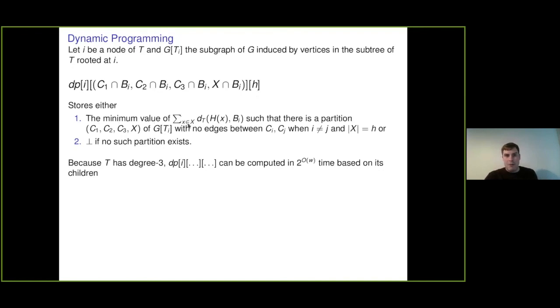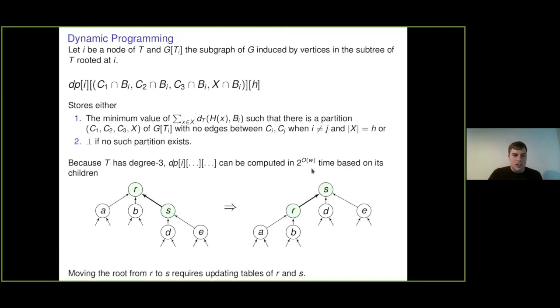We need to store the minimum value of this distance thing that we secondarily optimize.